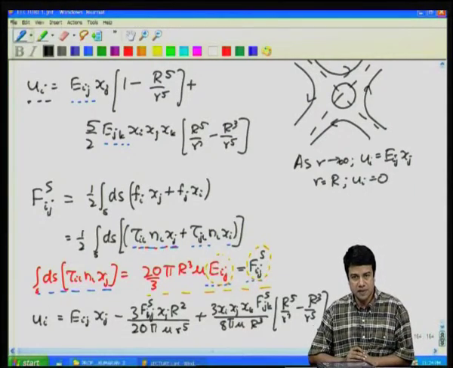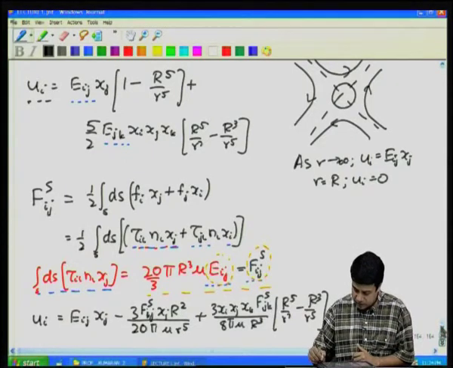All I have done is replaced E_ij by the symmetric force moment.